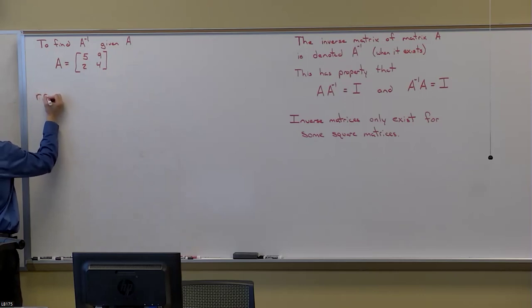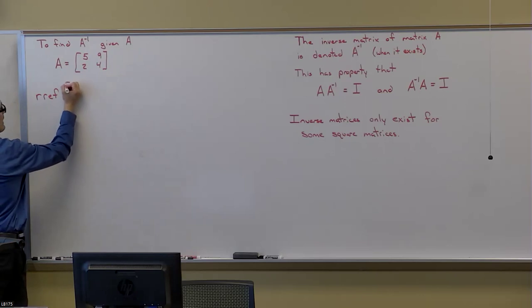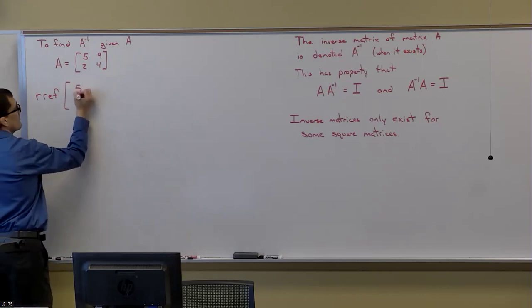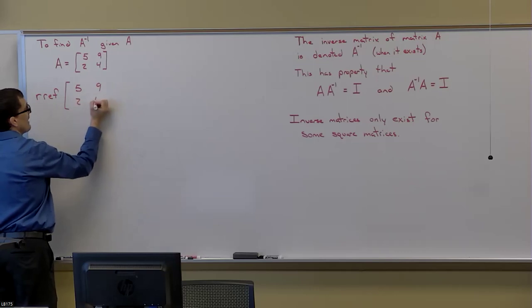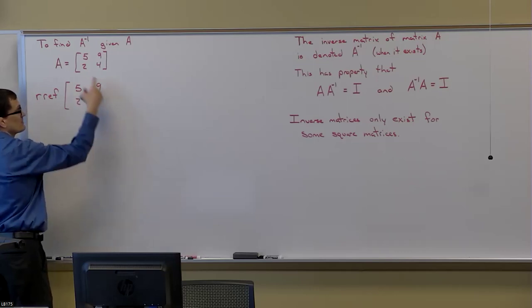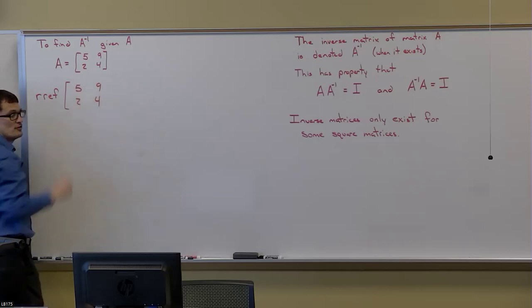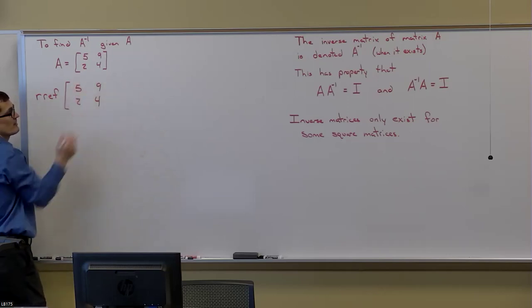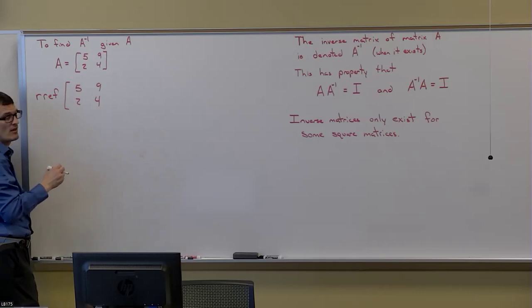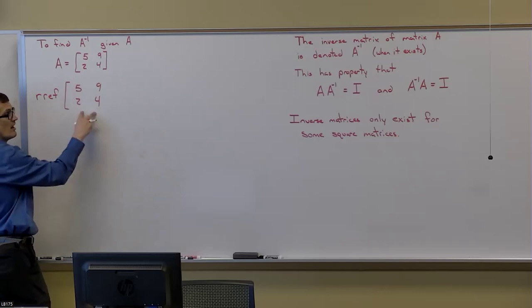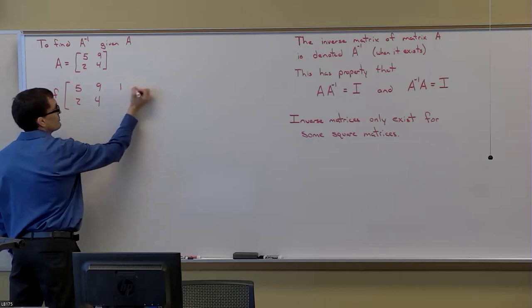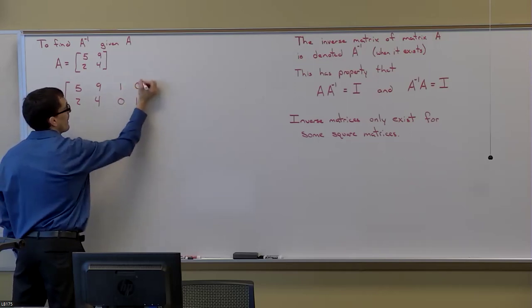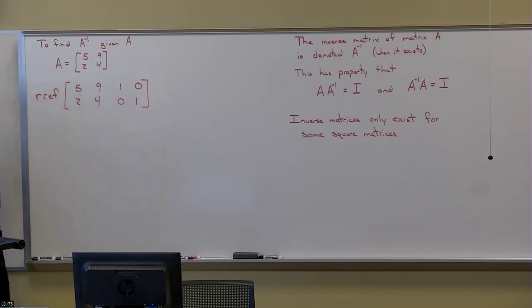Method 1 is to go RREF of this matrix. I take basically my A, and I put it into the left two columns of a matrix, and then in the right two columns, I put the identity matrix entries.